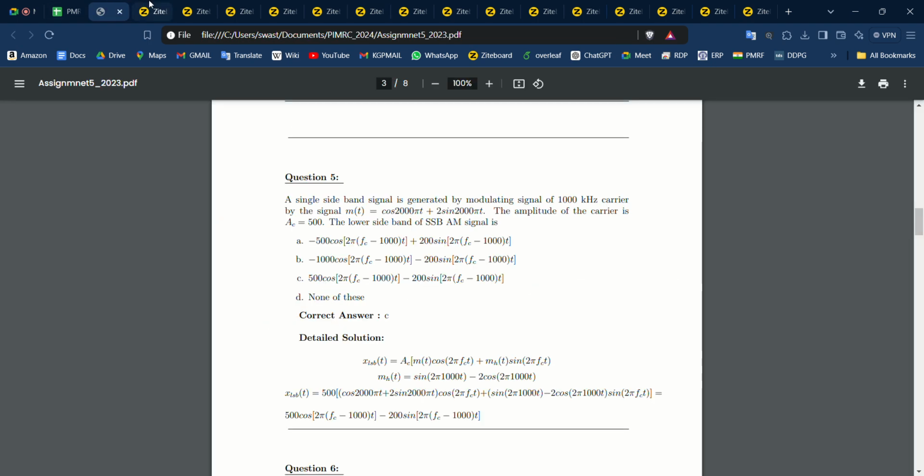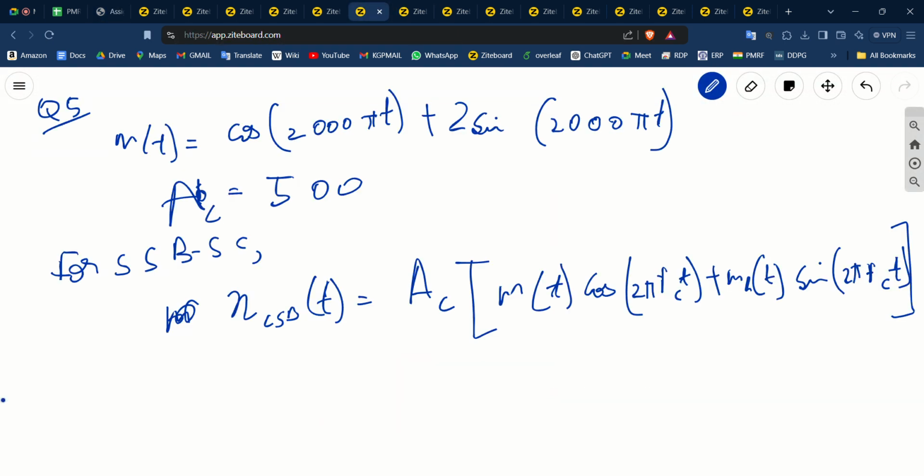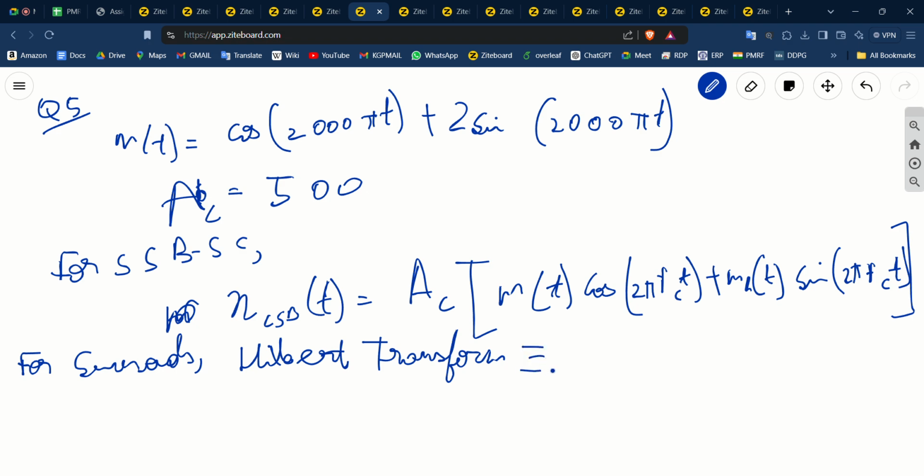Let's check whether the sin and cos placements are correct. So it is m(t) cos 2 pi f_c t plus m_h(t) sin 2 pi f_c t. Now we have to find m_h(t). As we have said, for sinusoids, the Hilbert transform is equivalent to a phase shift by pi by 2.